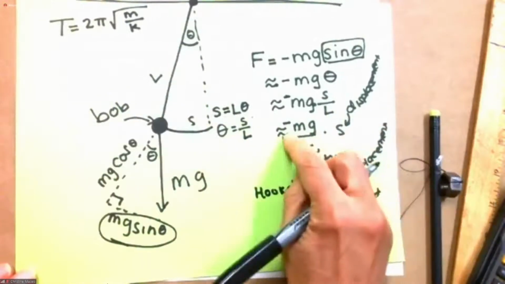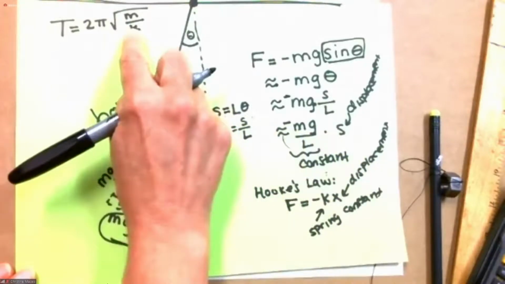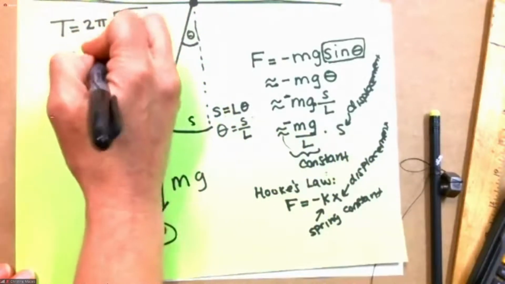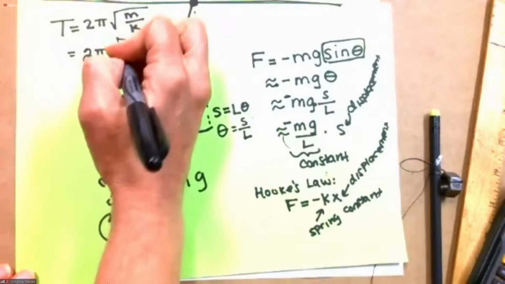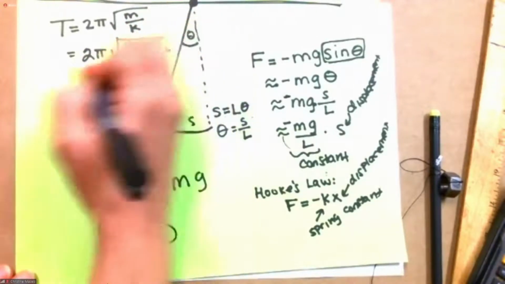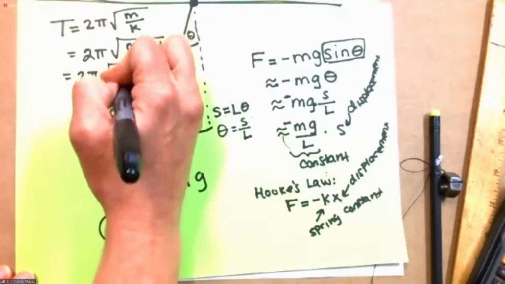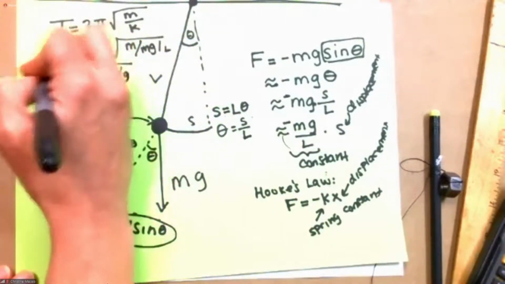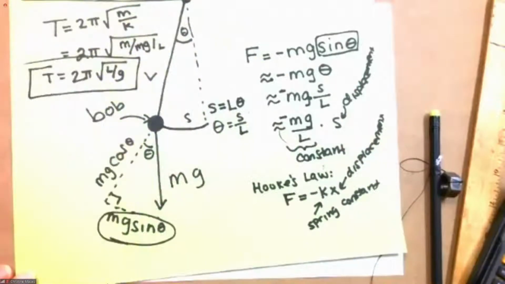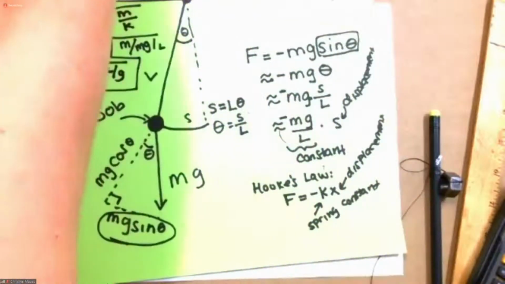I'm going to consider this constant over here, this mg over L, as the k, and I would get 2 pi times the square root of m over mg over L, or 2 pi times the square root of L over g. That is the period of the pendulum. I have a figure right here.